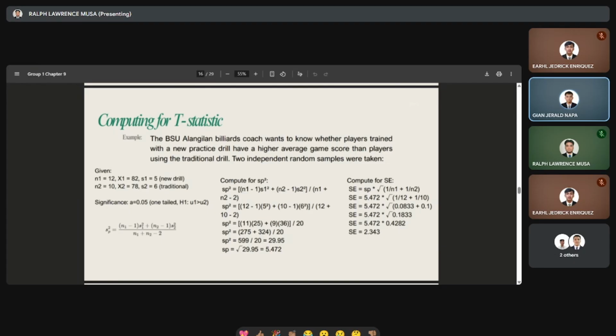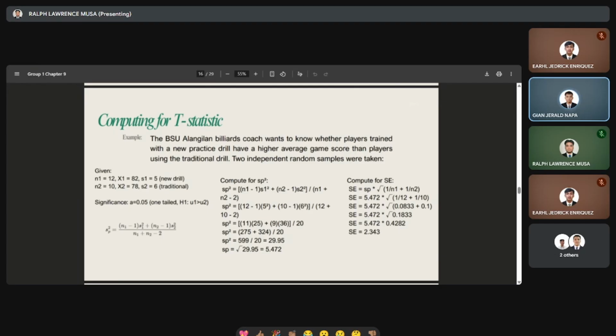So, one-tailed. Our alternative hypothesis would be mu sub 1 is greater than mu sub 2. So, mas malaki yung mean nung new practice drill sa traditional drill. And our null hypothesis, as always, siya ay equal.